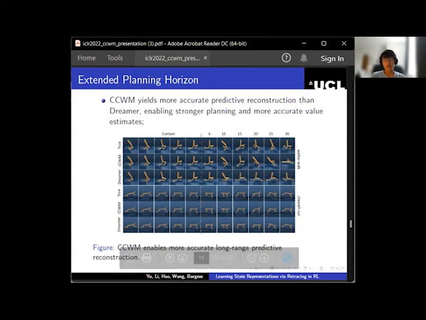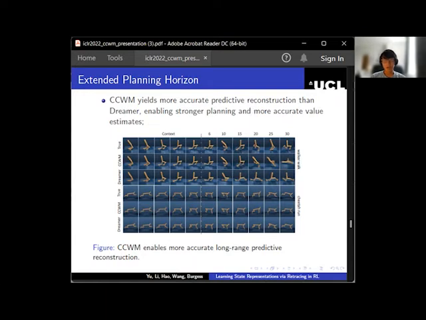In addition to improved sample efficiency and asymptotic performance, we also show that CCWM yields more accurate long-range predictive reconstruction than Dreamer. Essentially, we tested how accurate the predictive rollouts are in the observation space, given an extended horizon of prediction.